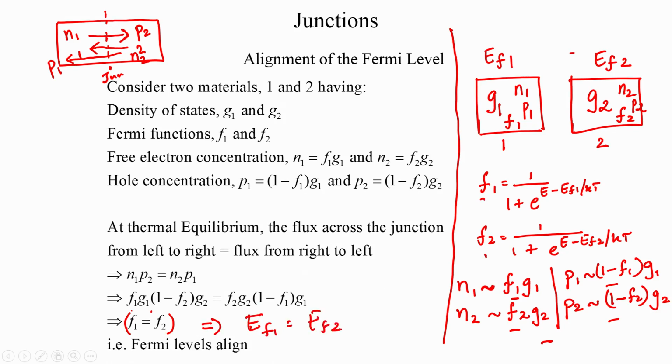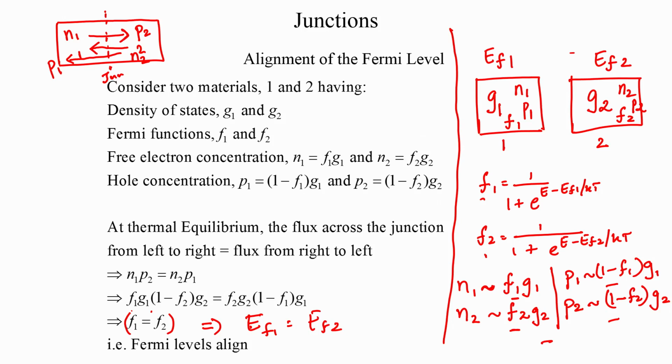So, in other words, if you were to create a junction between these two materials and keep this system at thermal equilibrium, the Fermi levels will align and EF1 will have to be equal to EF2.